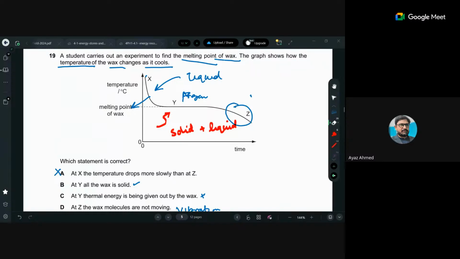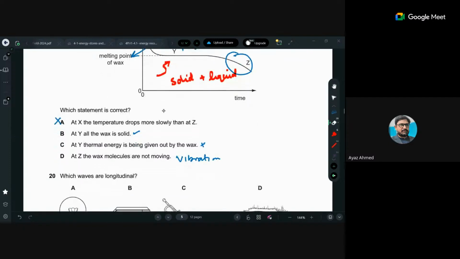That is why I erased all this again, because I just overlooked it, and when I overlooked it, I gave you the incorrect option. So what would be the correct answer now? Yes, just a second. I'm moving back. The correct option is: at Y, it is not entirely solid. It is solid and liquid both, so this would be crossed out.